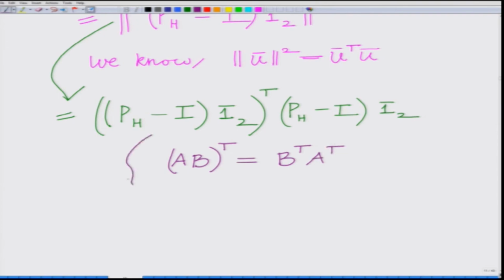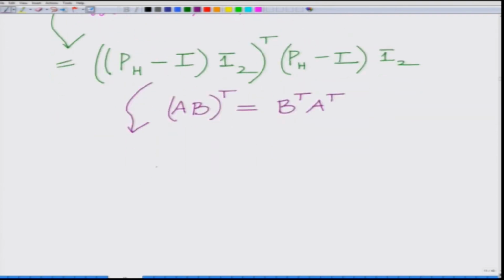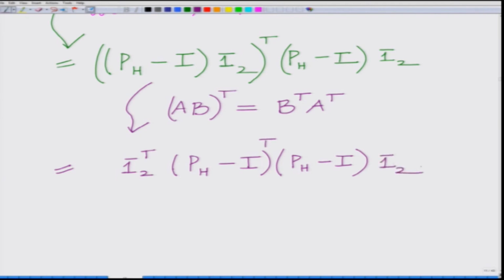So, I can use this property to simplify this as 1 bar 2 transpose, that is this vector 1 bar 2 transpose, times PH minus I transpose, times PH minus I, times 1 bar 2.